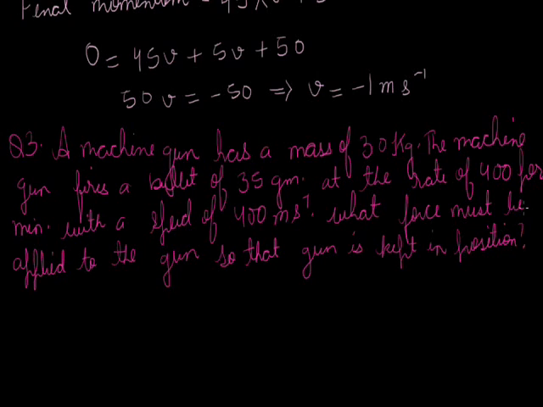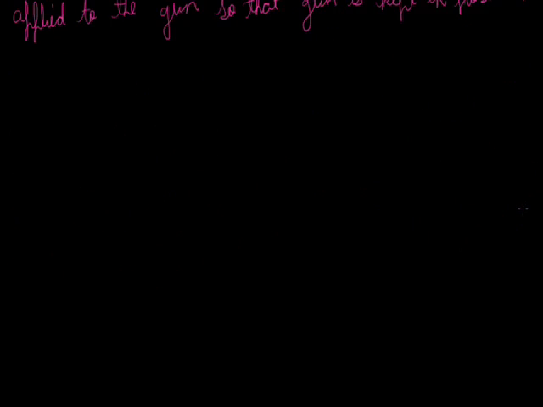Now this question is somewhat different from the above two questions. Now in this question, first we will discuss the required force. As we all know that force is the rate of change of linear momentum. So in this question, we will be discussing the linear momentum of the bullet.